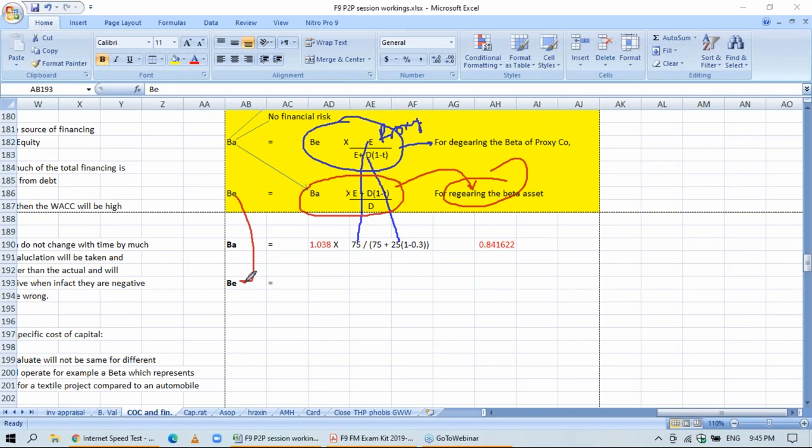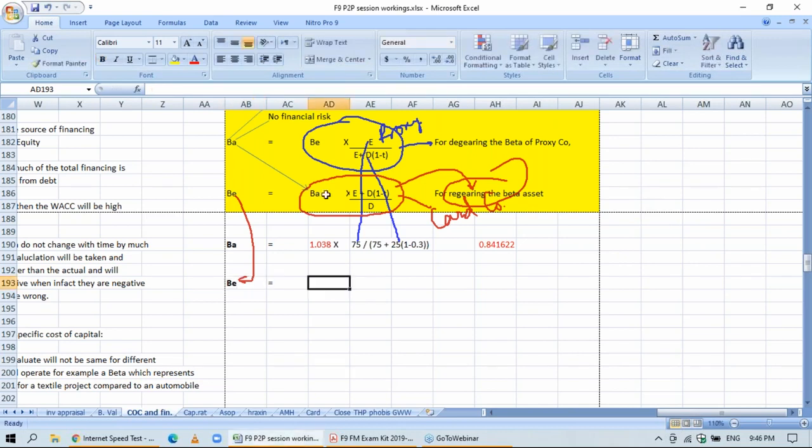So now we'll be calculating the beta equity. The figures we will be plugging in will be all of the card company's figures.